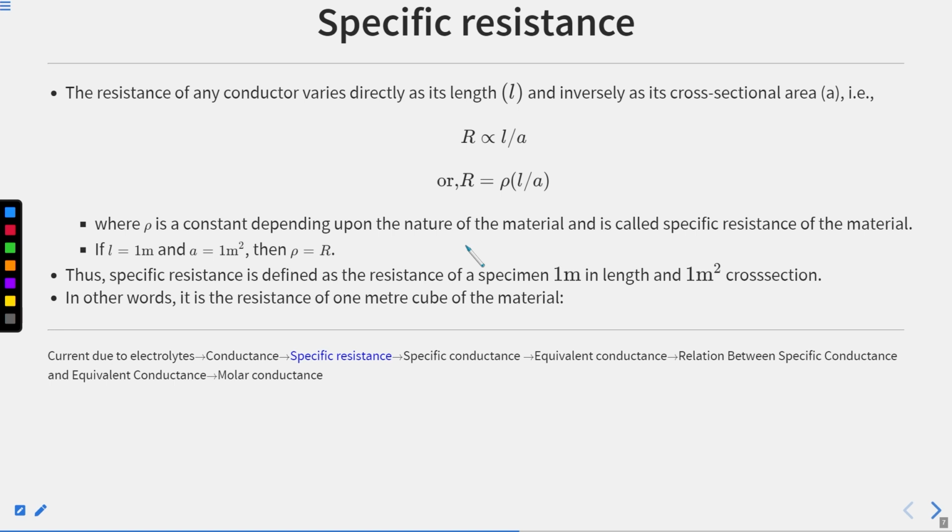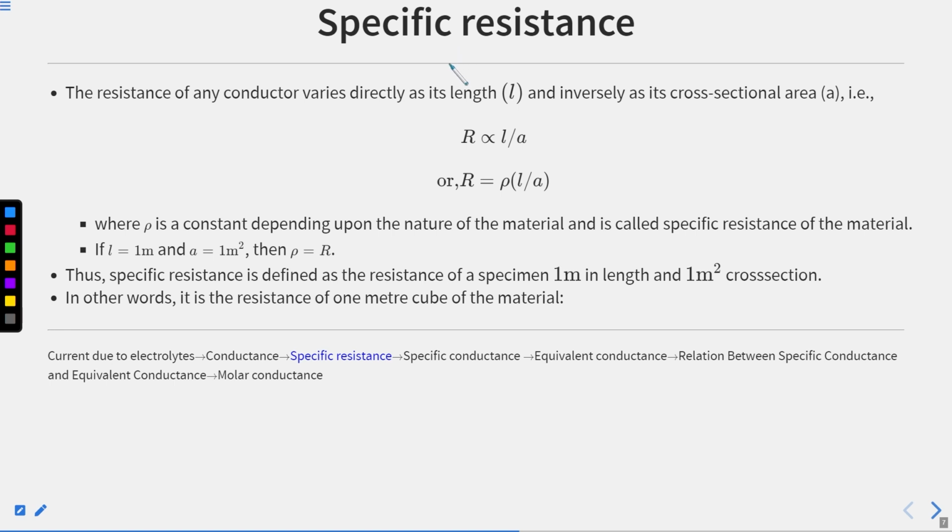Suppose it is 2 by 2 by 2. That would also have the same specific resistance. Did you get my point? I'm making the point that specific resistance is specific to that substance and it has no relation with its dimension. So we'll see how.